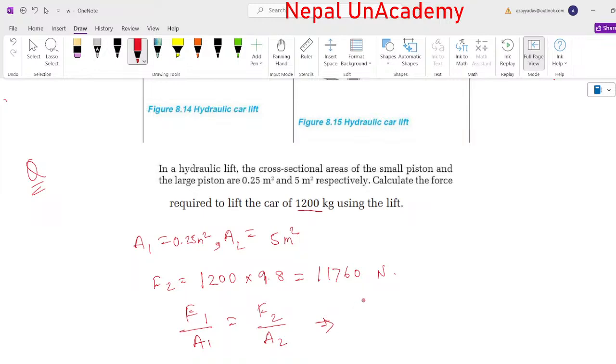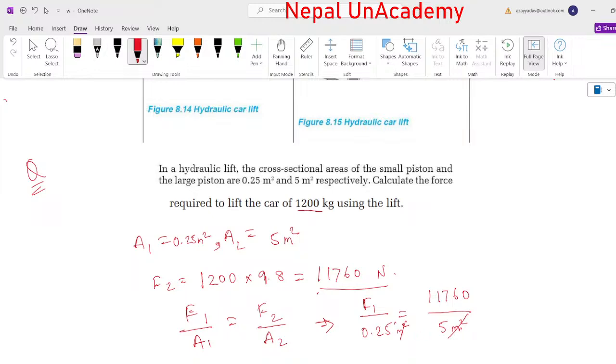We have to find F1, and A1 we have is 0.25 and F2 is 11760 Newton, which we calculated just now, and A2 we have is 5 meter square. The meter squares cancel out.